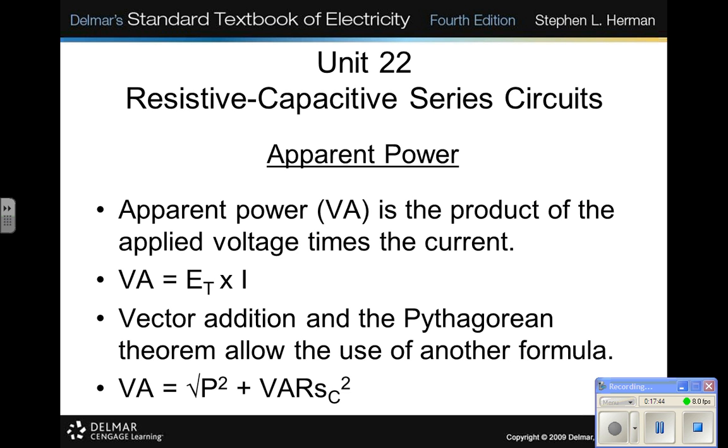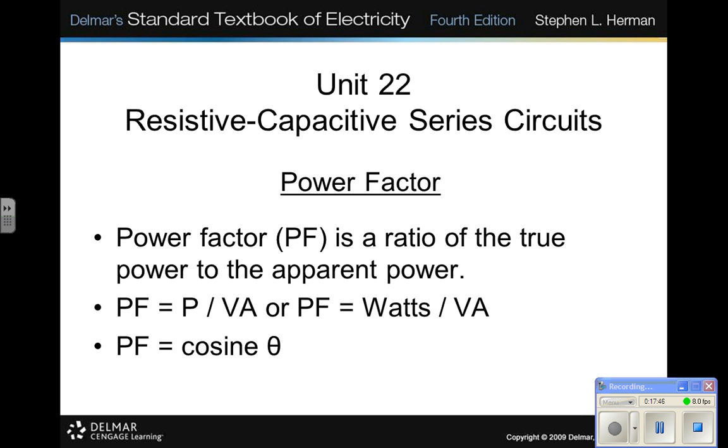Reactive power, apparent power, power factor. Power factor is the same relationship as the resistance compared to the impedance. And in our power triangle that is going to be the true power over the apparent power. It's still a fractional relationship, and when we divide the two, we're going to get the same exact number.